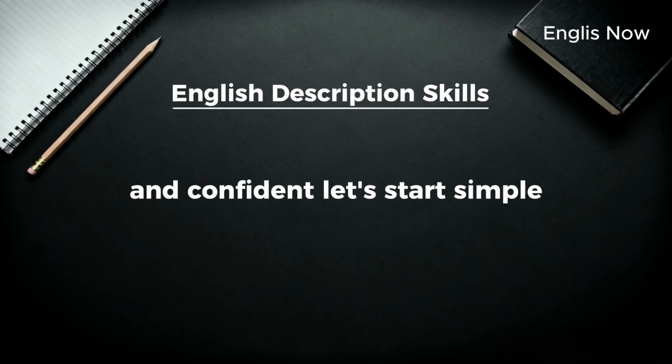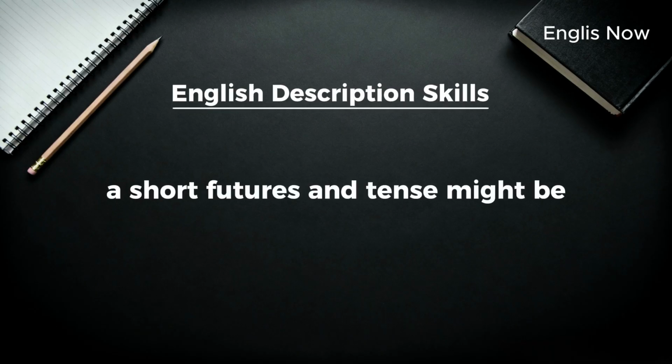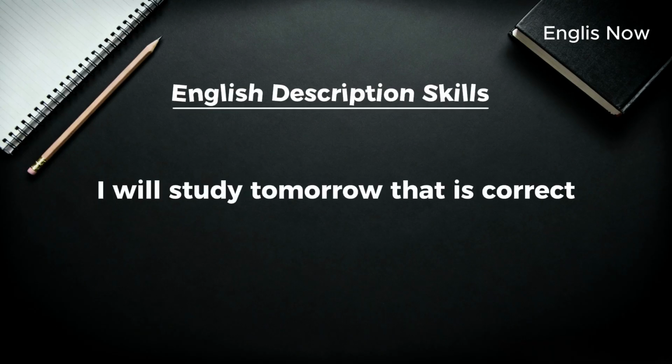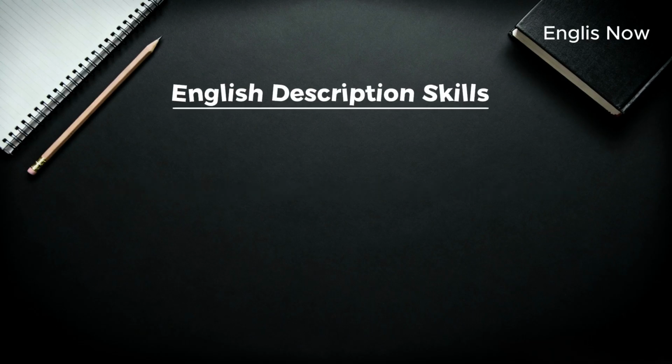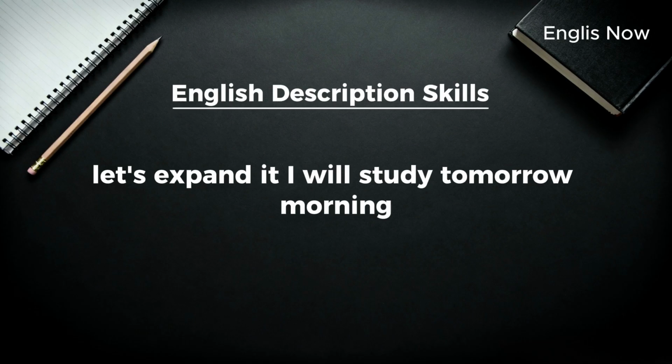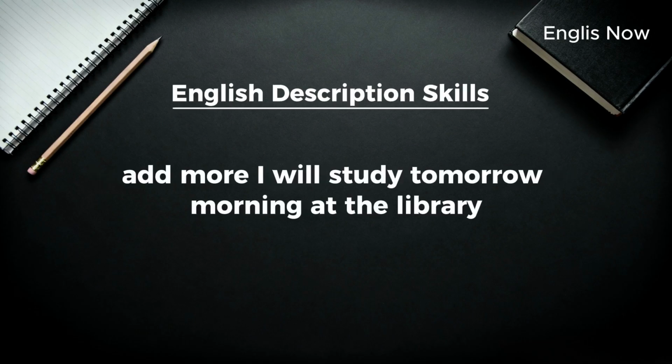Let's start simple. A short future sentence might be, "I will study tomorrow." That is correct, but basic. Let's expand it. "I will study tomorrow morning." Add more. "I will study tomorrow morning at the library." Add again.